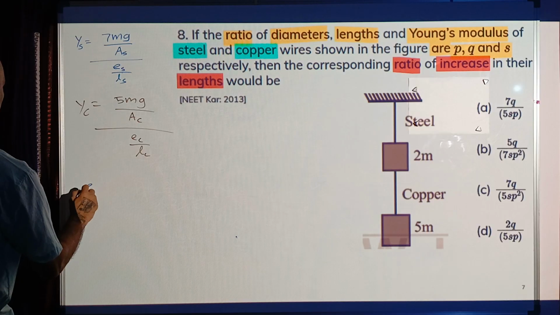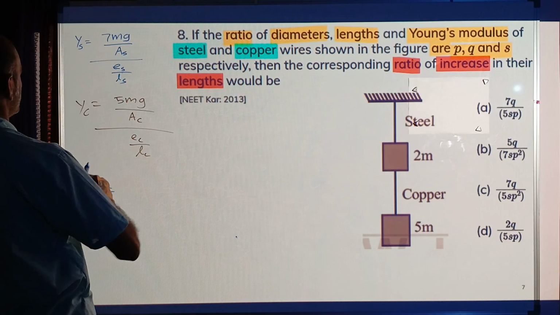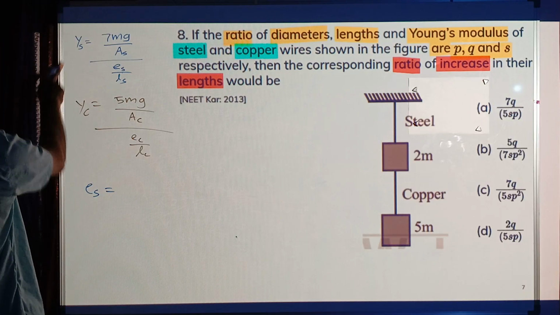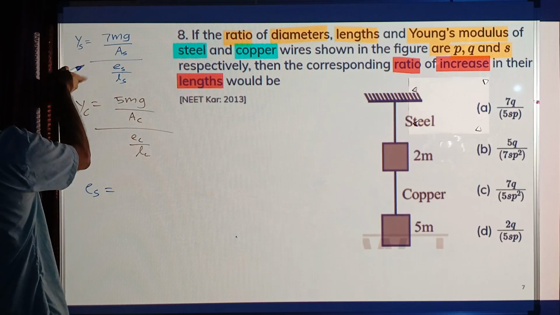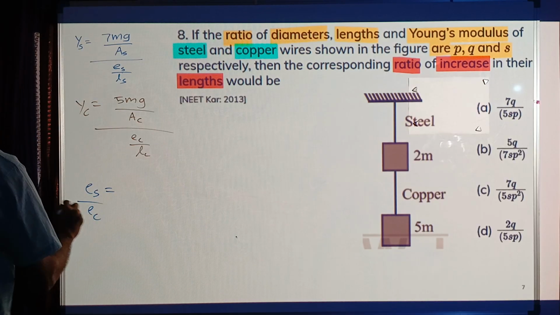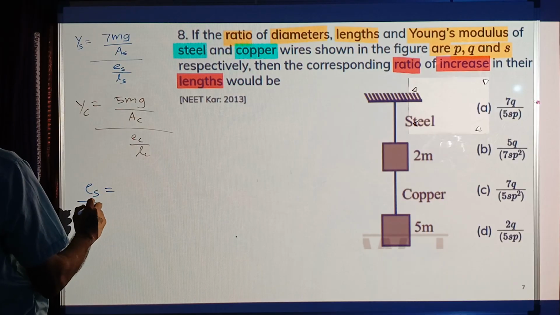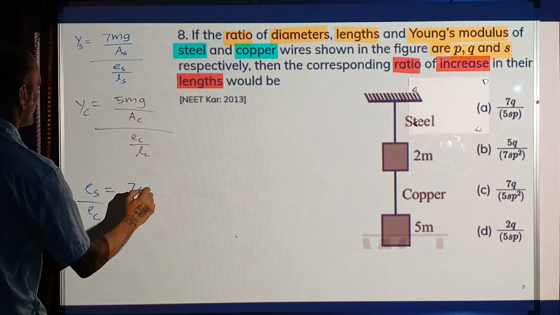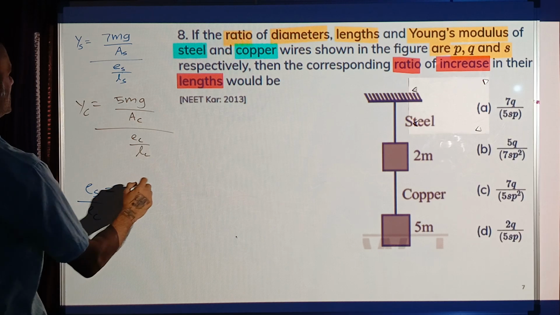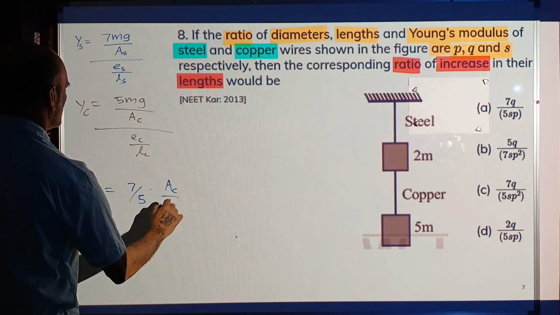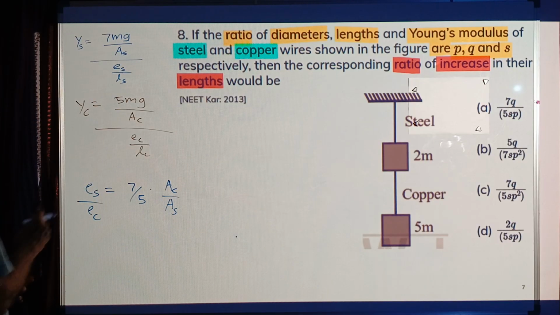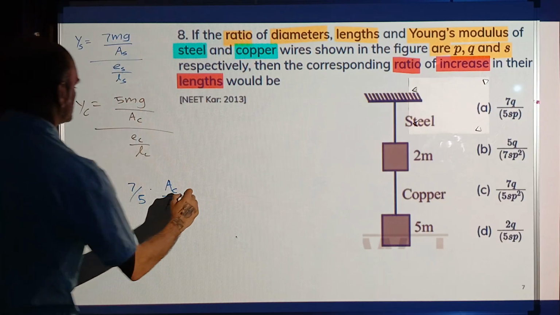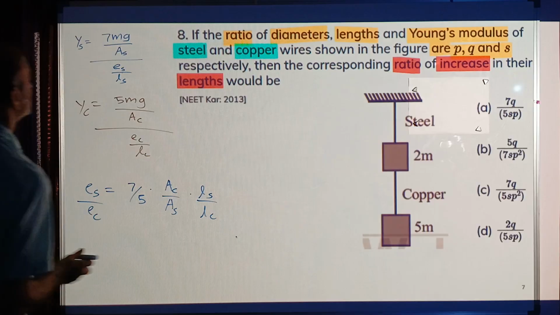So from this, I'll get ES as, okay, ES will go on the right side, similarly EC will go on this side. So after taking this, if I divide, I'll get ES by EC as, mg will cancel, so 7 by 5 into AC by area of steel, and then this LS will go at the top, LS by LC.